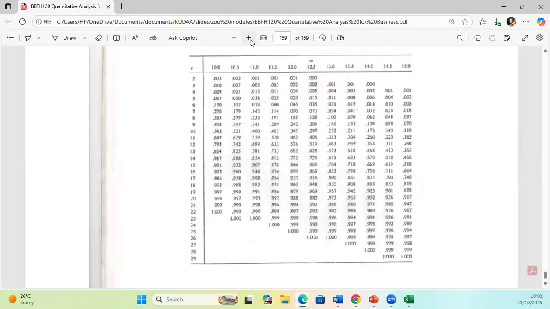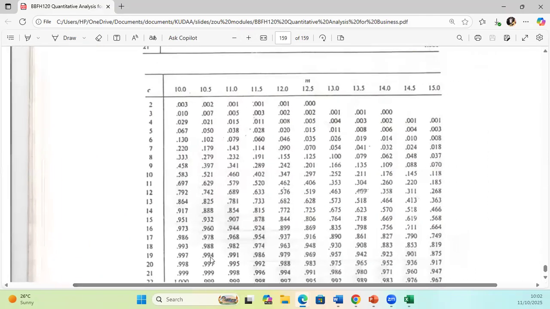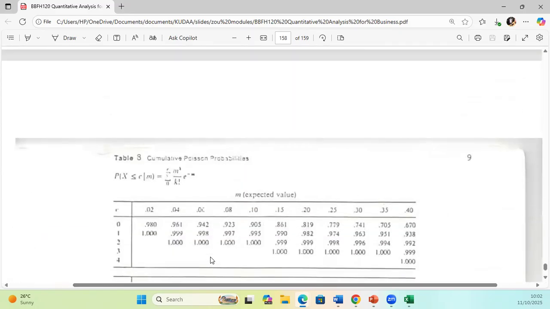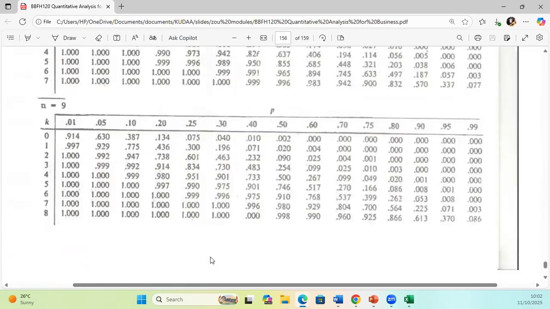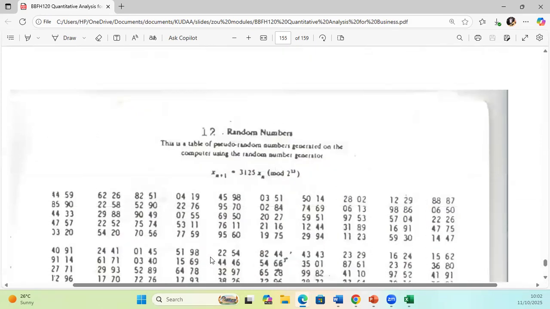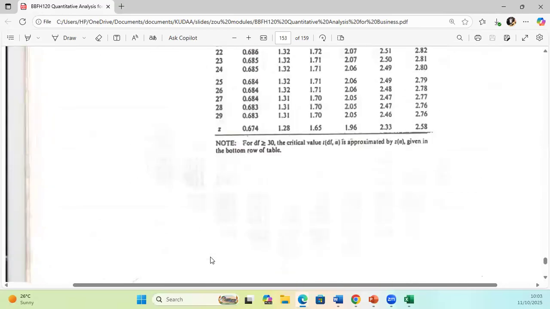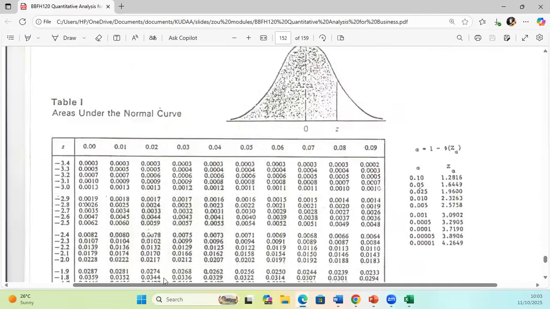These tables you are given in the exam. So these are the normal distribution tables, areas under the normal curve.